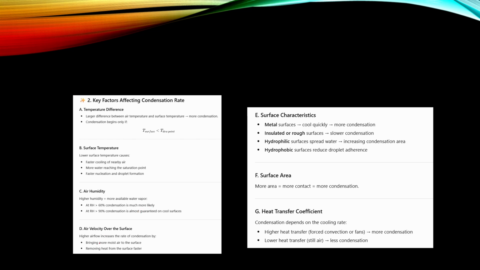Air velocity affects so that if the velocity is high, it's bringing more moist air near the surface and increasing the condensation. And the higher the surface area is, the more contact area we have, and it's increasing condensation.